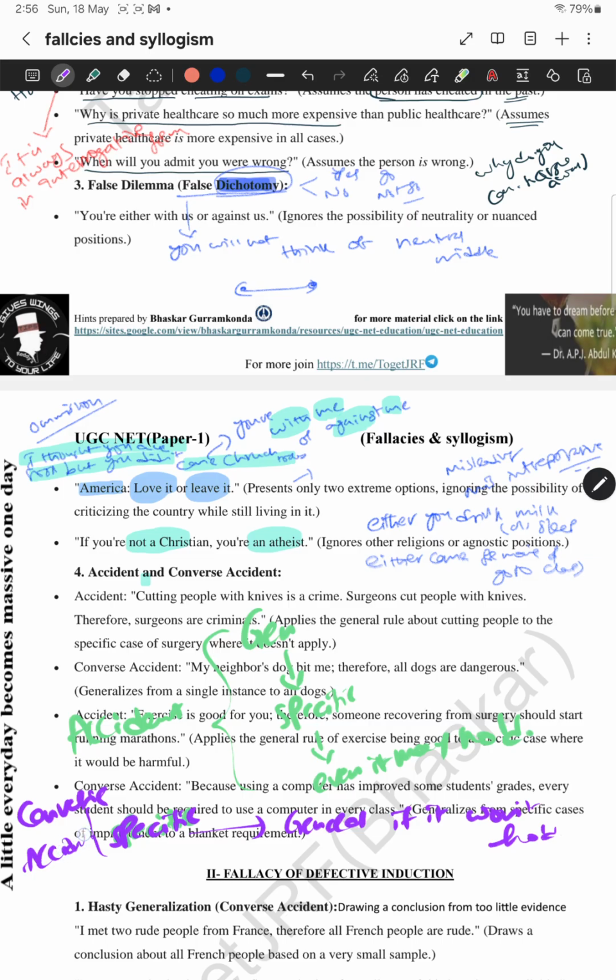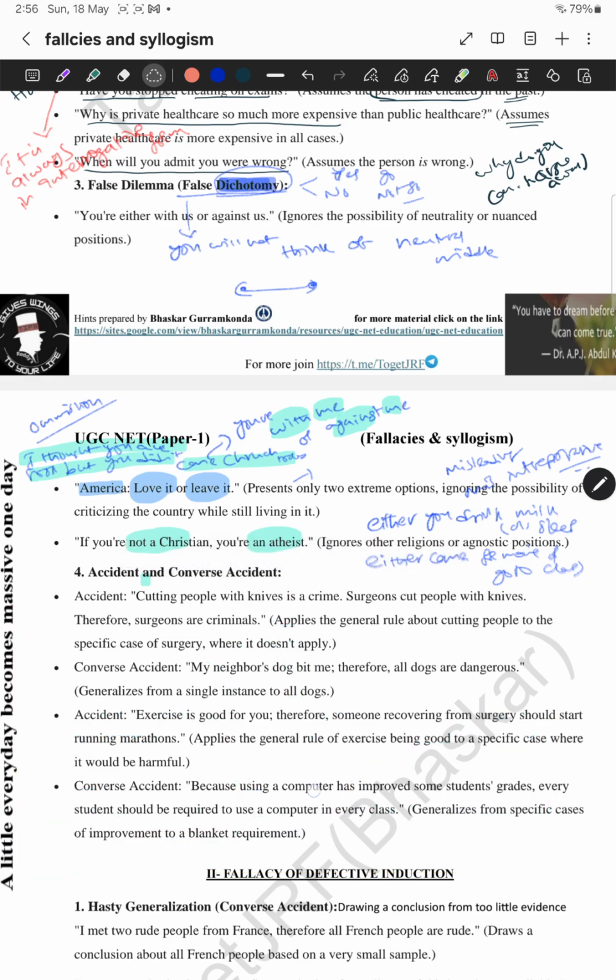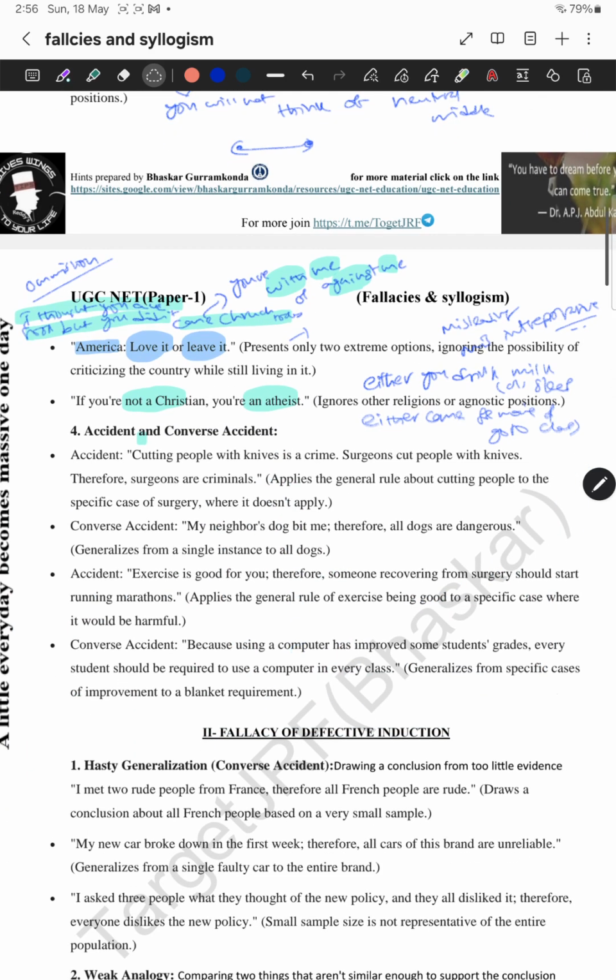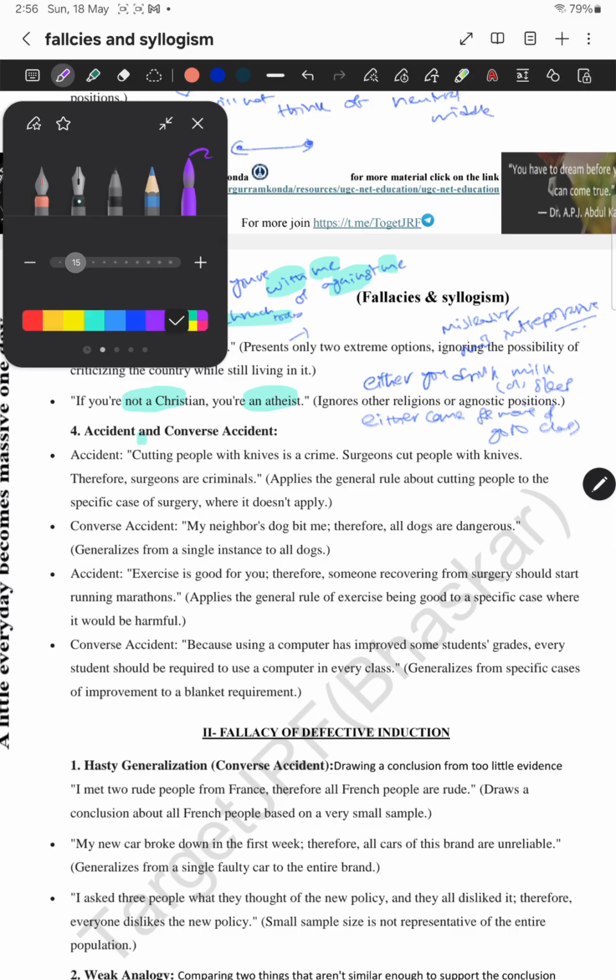What is the fallacy of converse accident? Taking a specific thing and applying it to a general one, even if it won't hold. This is fallacy of converse accident. So now let us see the examples. Why spend more time here? If you see the example, you will get it.